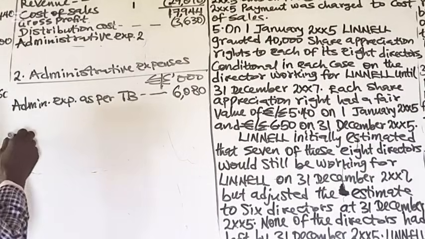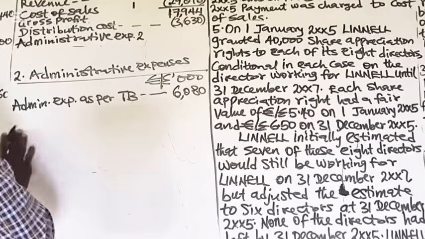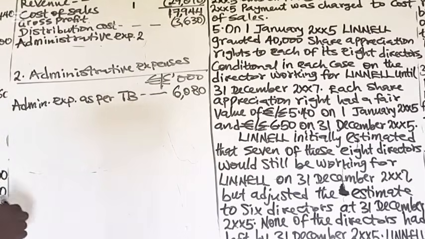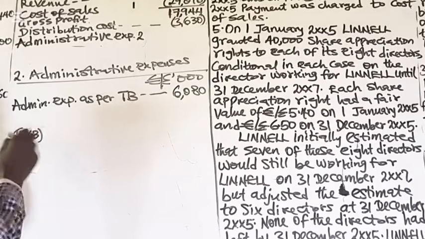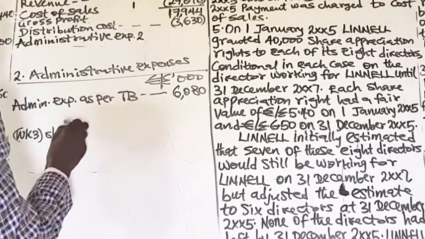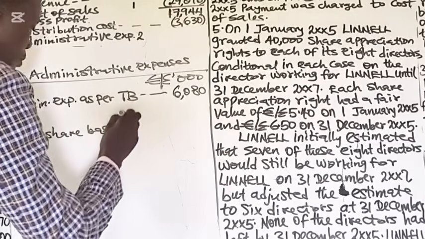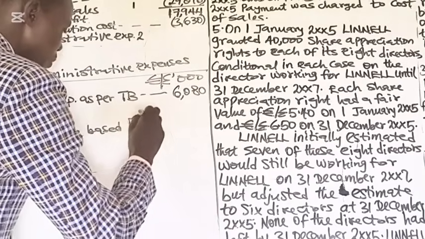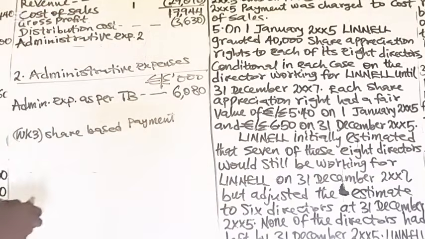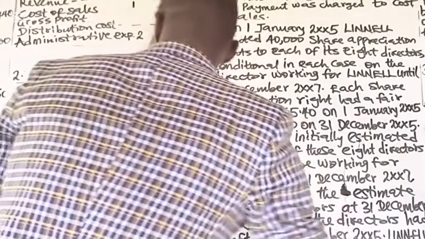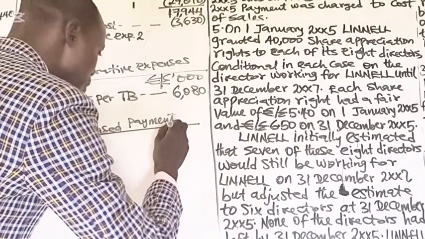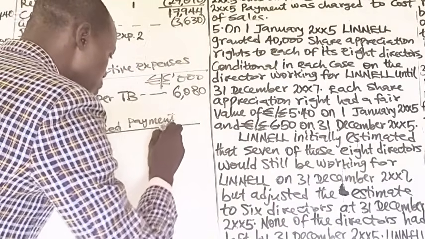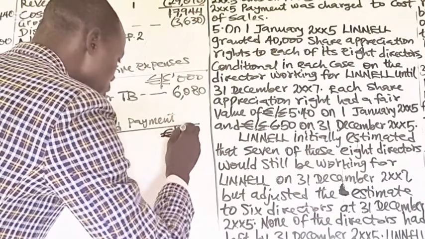Working number 3, share-based payment. If you want to recognize liability, the amount is in thousand euro.